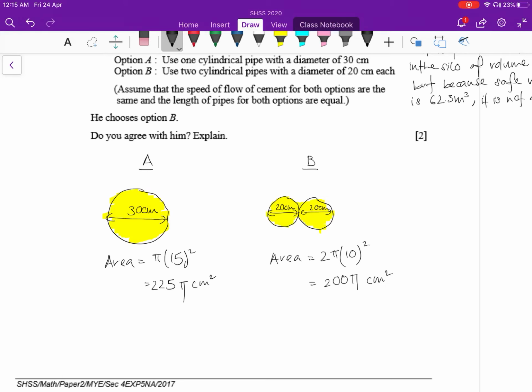Now, if you see, this is smaller, has a smaller area than this. So, of course, we don't agree with him. So, I will write, I don't agree.